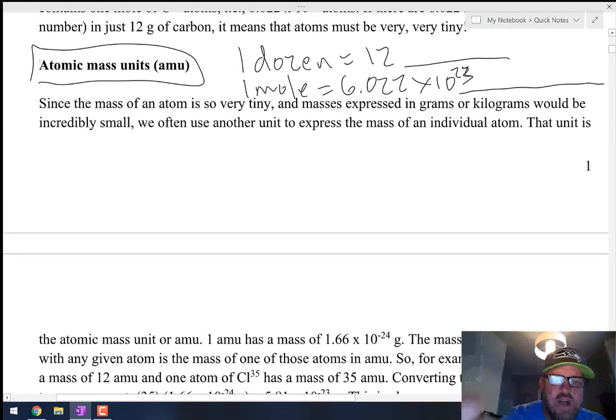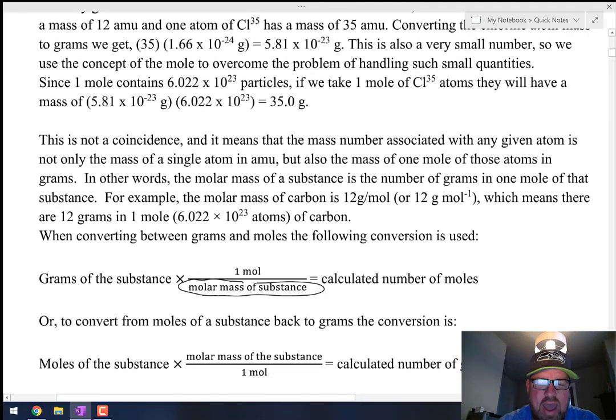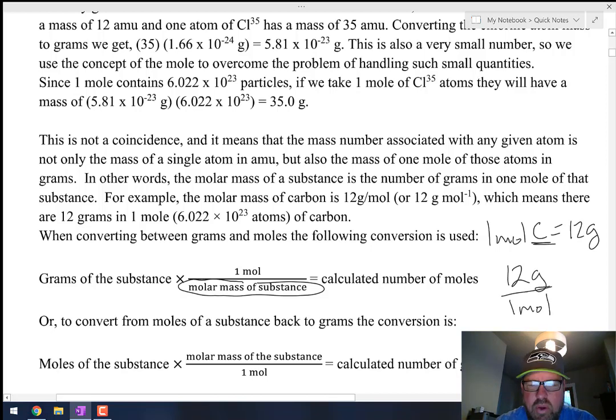Here's atomic mass again. If you have 1 mole of that element, whatever that element is, we can say that is equal to the mass. So 1 mole of, let's say, carbon has a mass of 12 grams. Another way we can write that is that carbon has a mass of 12 grams in 1 mole.